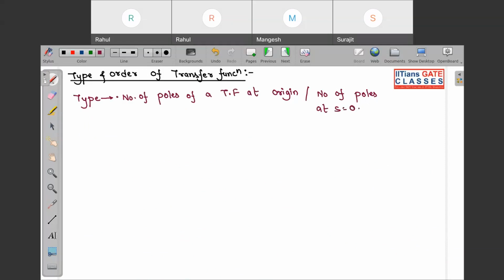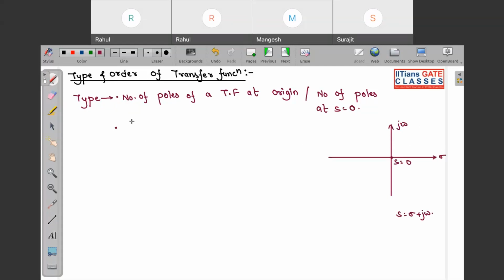Okay, so this is the definition of type. Now we should know how the s-plane looks. So this is your s-plane, this is your sigma, the real part, and this is j omega, the imaginary part of the s-plane. Whatever poles lie at this position, that is known as type.